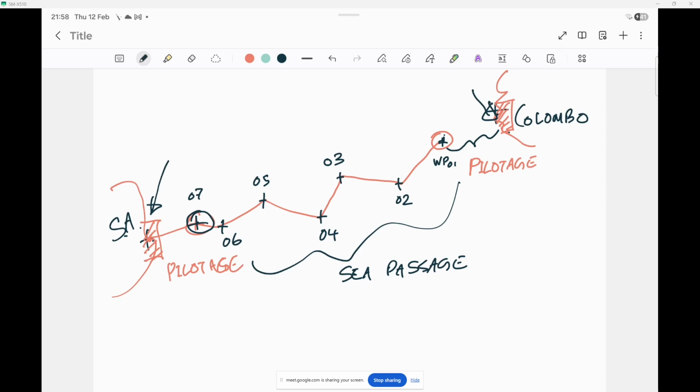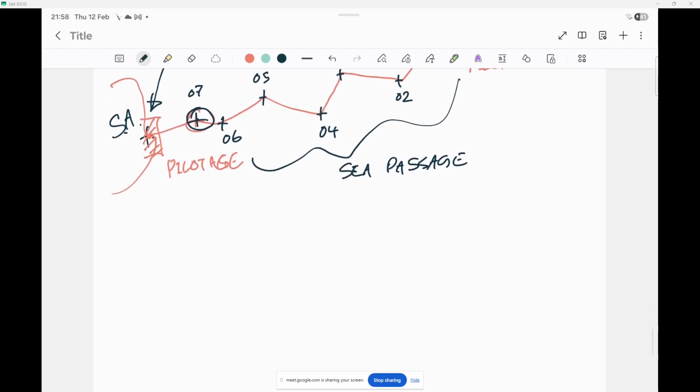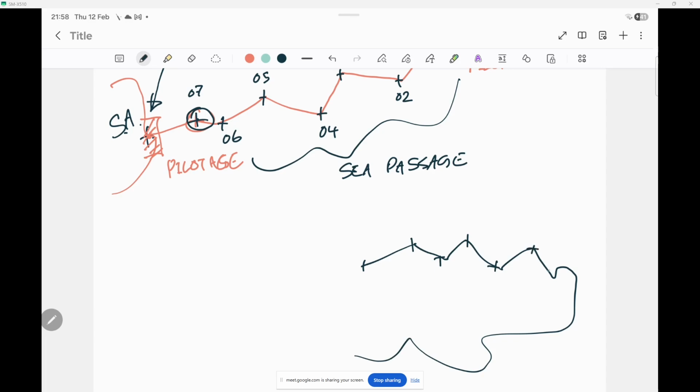Okay. So, as I told you, the course card and the passage plan are from berth to berth. Even though once you take the pilot, so many waypoints will be coming in, you don't have a choice. All these waypoints should be reflected in your passage plan.